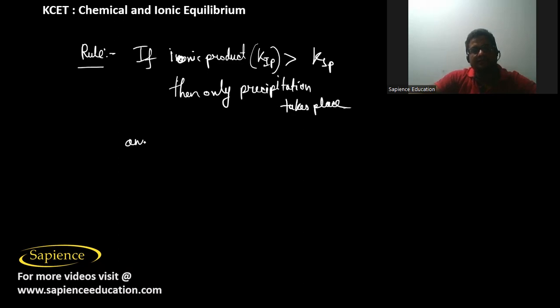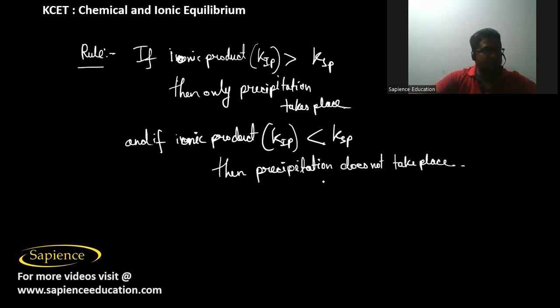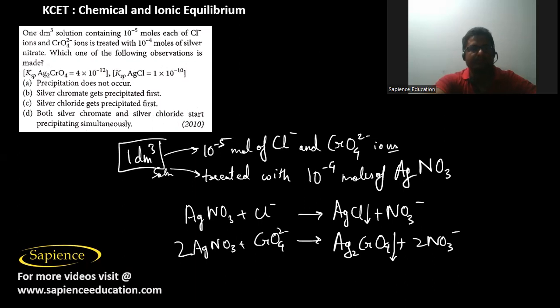And if the ionic product, KIP, is less than KSP, then precipitation does not occur. Precipitation does not take place. So now the ionic product.